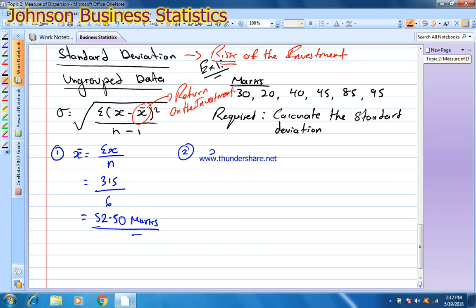Number 2 is the standard deviation working. So you take each of the values, 30 minus 52.5, and you power of 2, 20 minus 52.5, then you power of 2.